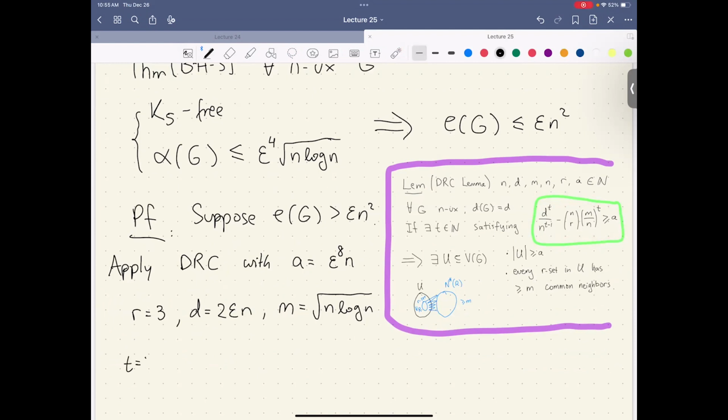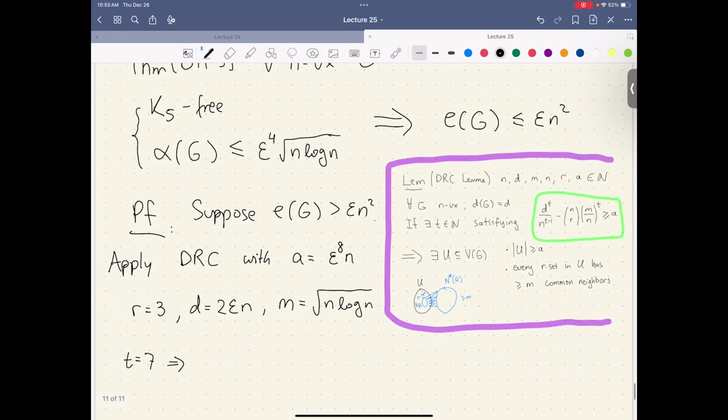And t equal to 7. This implies what? D to the t minus n to the t minus 1 minus n choose R is 3. This is bigger than 2 epsilon to the power 7 times n minus n cubed.